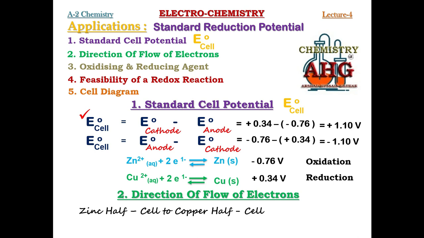On the next slide, I am giving you two examples you will solve, but remember, you will calculate standard cell potential for the electrochemical cell, for the voltaic cell. So obviously you will use formula number 1. You can pause the video, solve it, and then check it later.